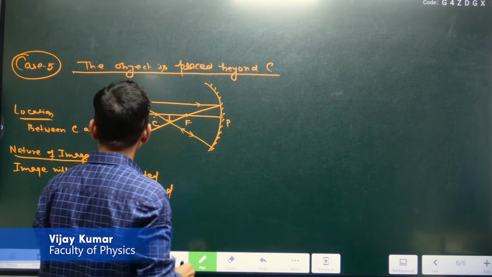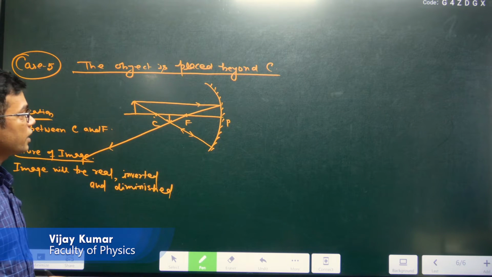So this completes the image formation in the case of the concave mirror.